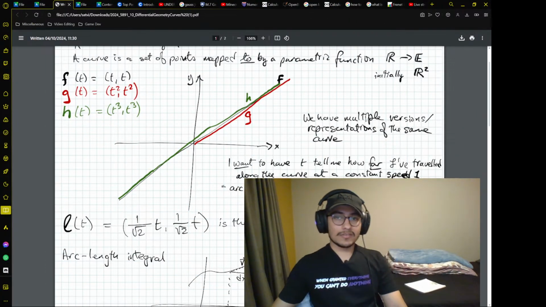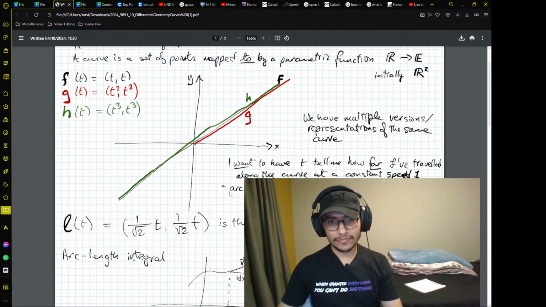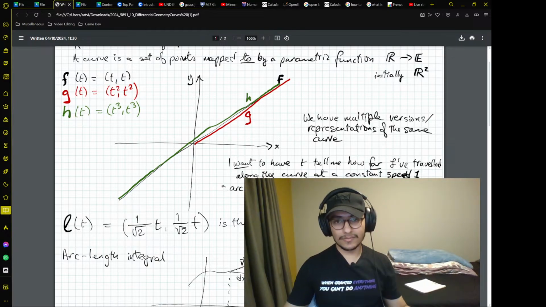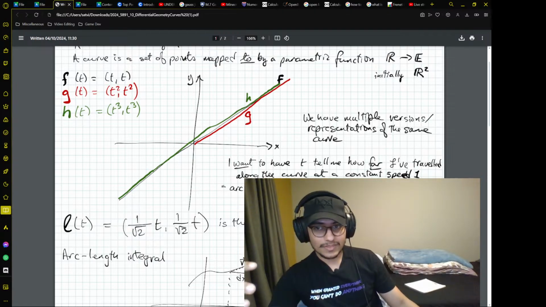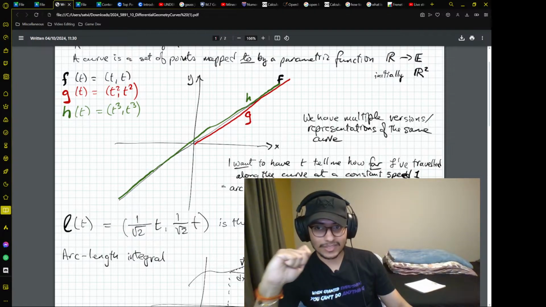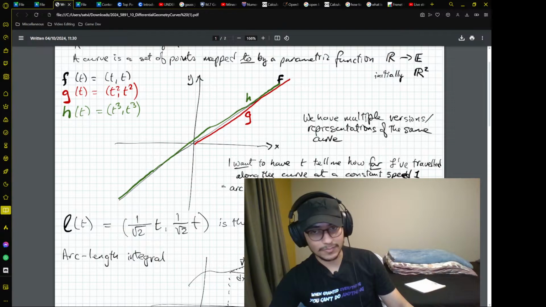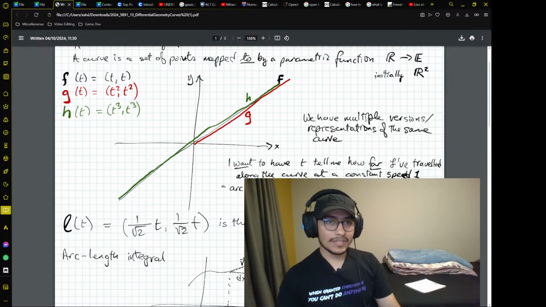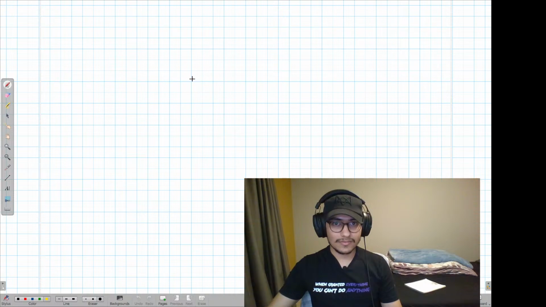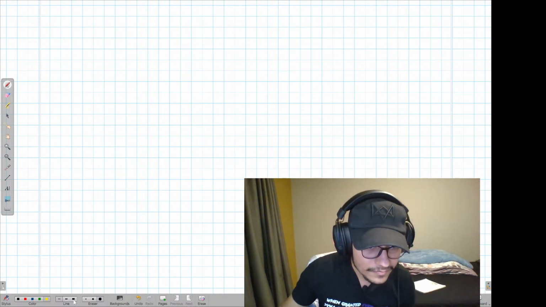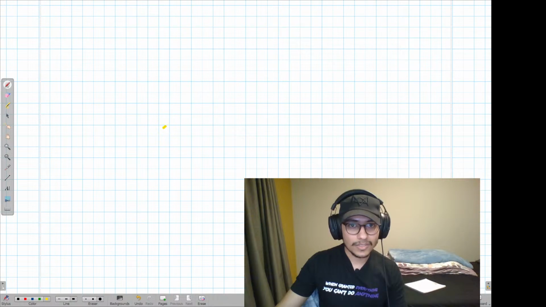Look at the definition: to get the arc length parameterization, we have to tell how far we have traveled along the curve at a constant speed 1. So if you look at this, L of t.